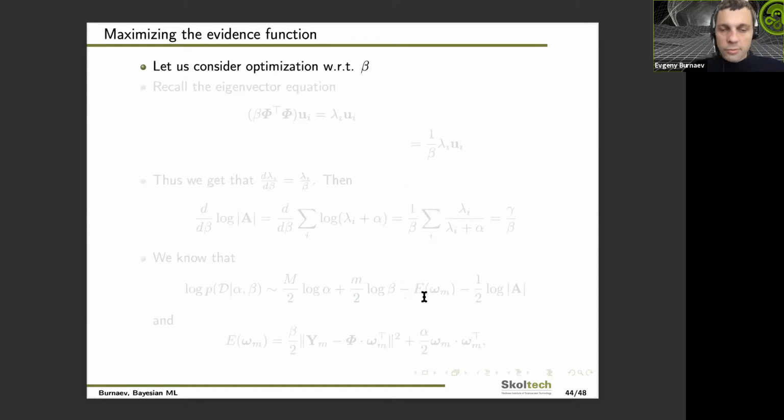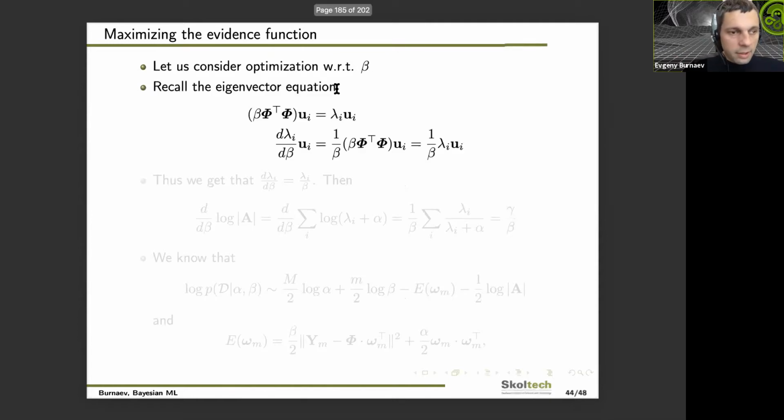Actually, we can do the same thing in case of beta. The idea is also very simple. We fix alpha, and now let us perform optimization with respect to beta. This is our eigenvector equation. From this eigenvector equation, it follows that if we differentiate lambda with respect to beta, it is equal to this, right?